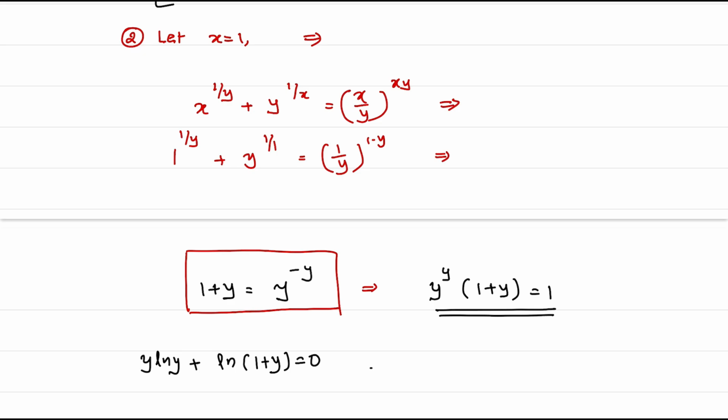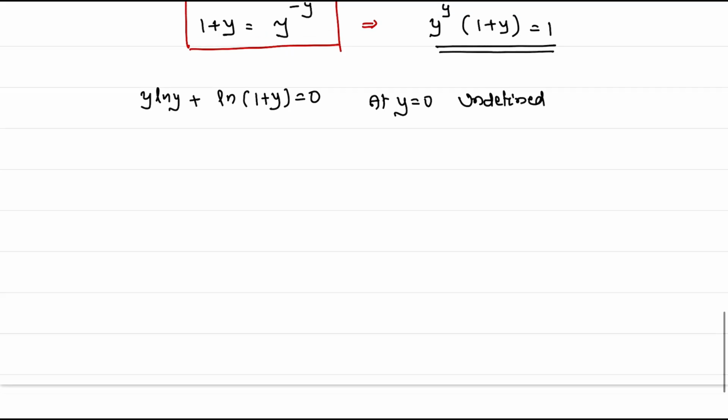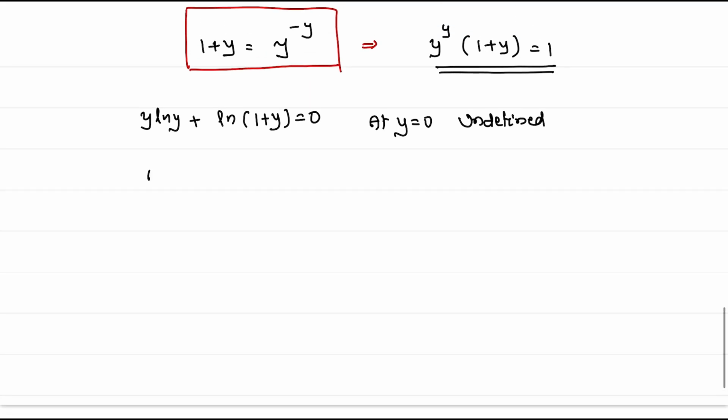At y is equal to 0, this function is undefined. At y is equal to 1, what happens? 1 into 0 plus ln 1 plus 1, that is equal to ln 2, that is not equal to 0.